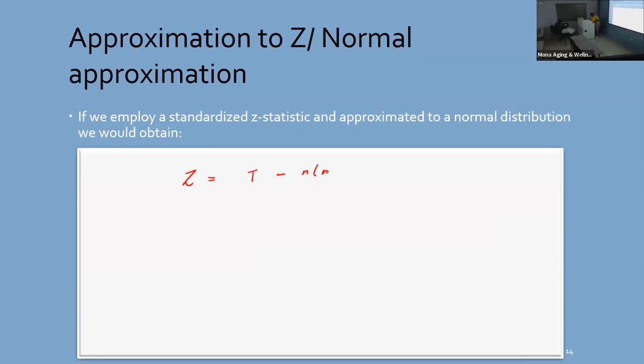T minus N into N plus 1 over 4, over the square root of N into N plus 1 multiplied by 2N plus 1, over 24.